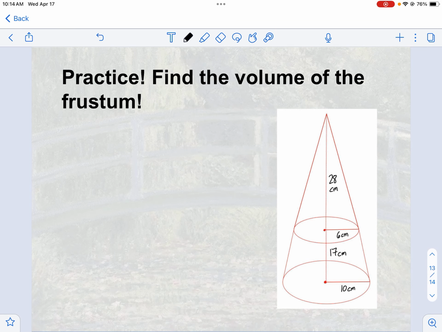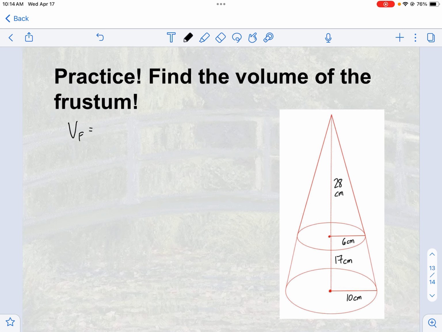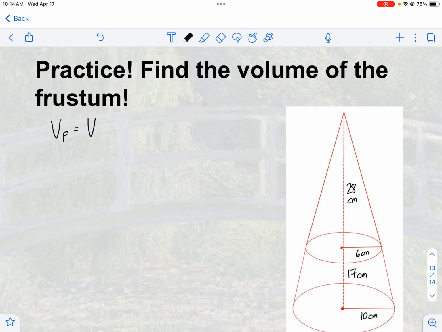Let's do an example really fast. Let's find the volume of this frustum. I know the volume of the frustum is going to be the volume of the whole cone minus the volume of the mini cone. So the volume of the whole cone is going to be 1/3 times pi, radius here is 10, pi 10 squared times the height, which is going to be 28 plus 17.